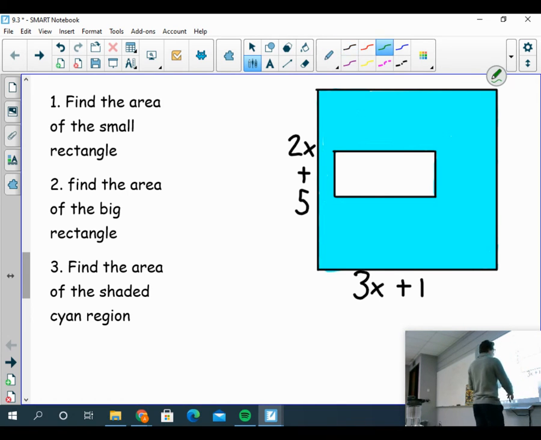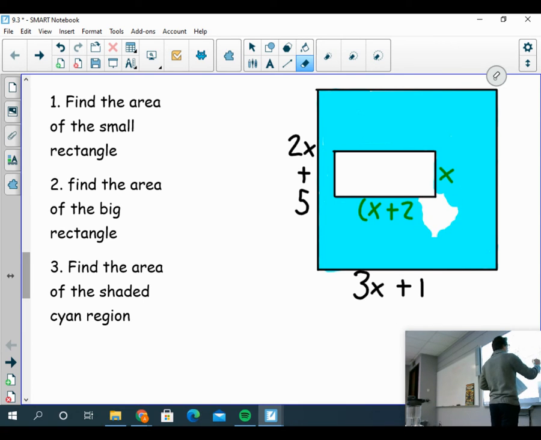My inner rectangle has a length of x and a width of x plus 2. Don't need those parentheses, but they're not going to hurt us.